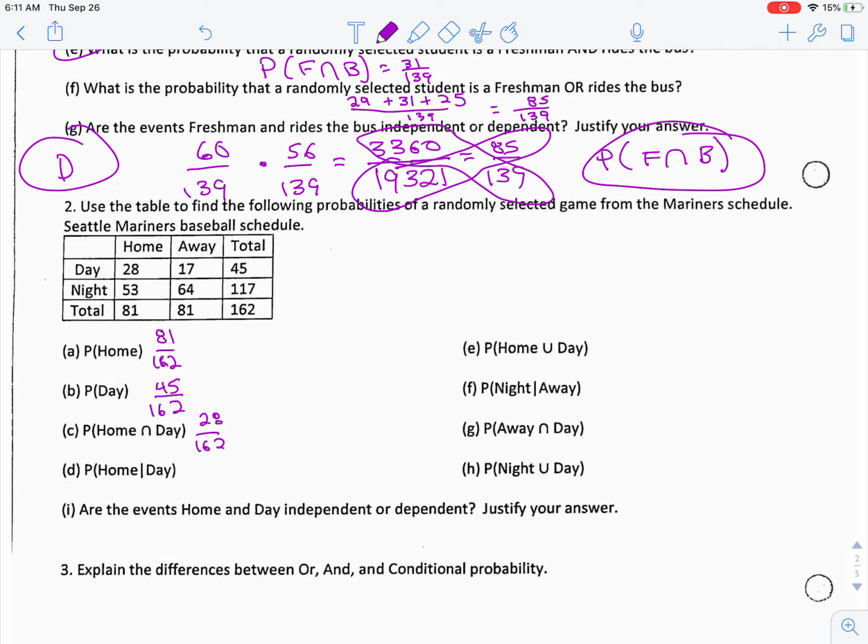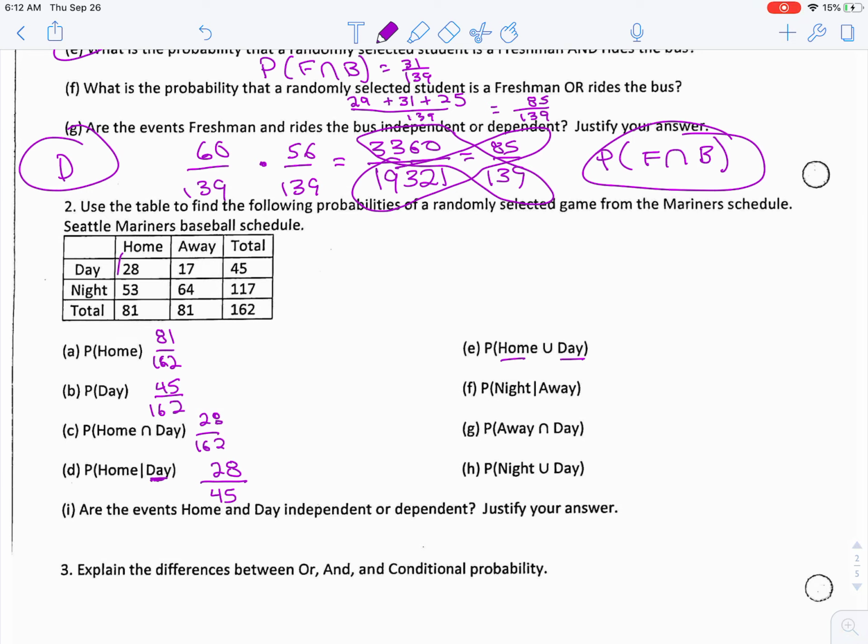Home given day. Given that it's a day game, how many home games are there? The denominator is whatever comes after the line, so the denominator is all the day games. And how many of them were home? Probability of home or day. This is kind of like the one I did before. I add the home games and I add the day games and I subtract the thing that I counted twice.